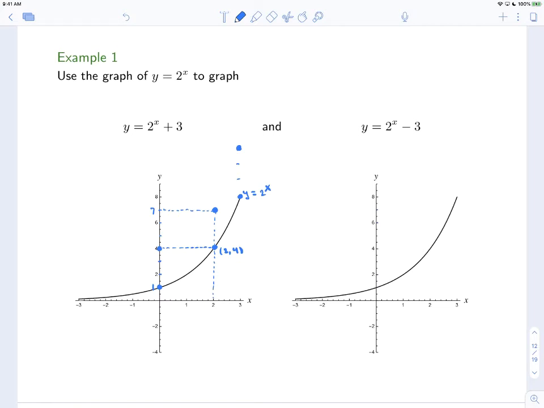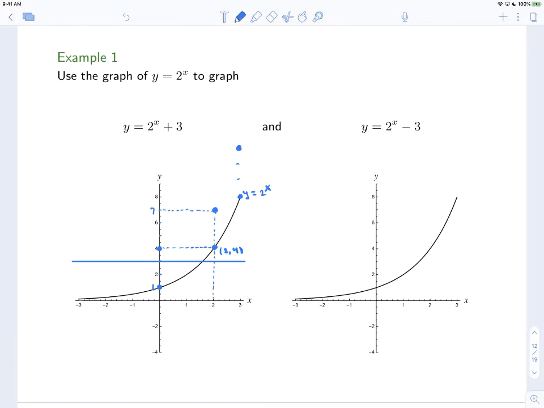The other thing that we know is that we have a horizontal asymptote here of y equals 0, but we're going to shift it up by 3. So I can just lift this up and shift it up to 3 right here. So this is my new horizontal asymptote. So I have a curve with this horizontal asymptote that's going to pass through these points.